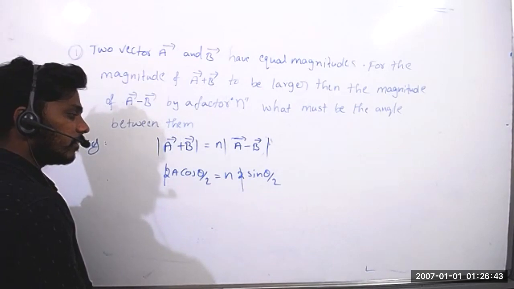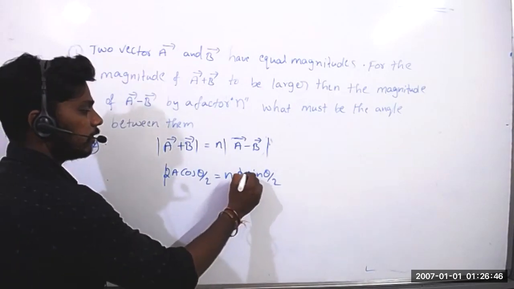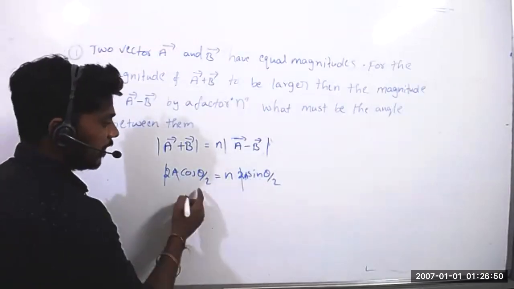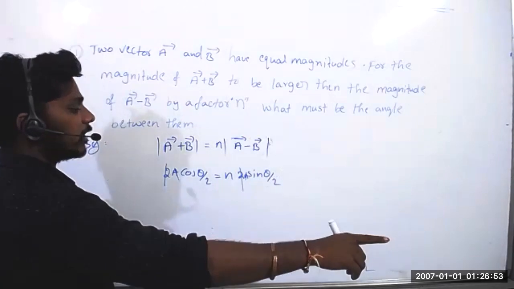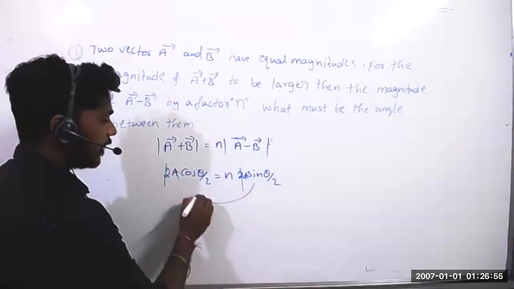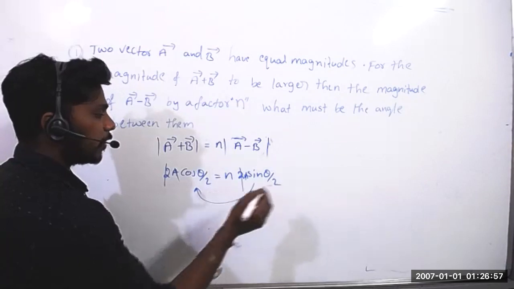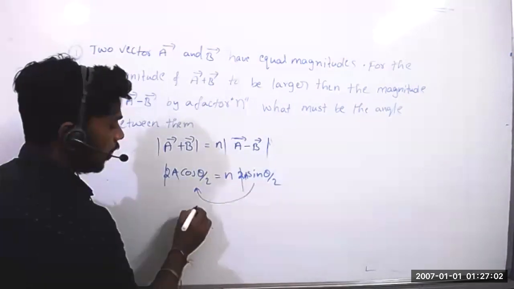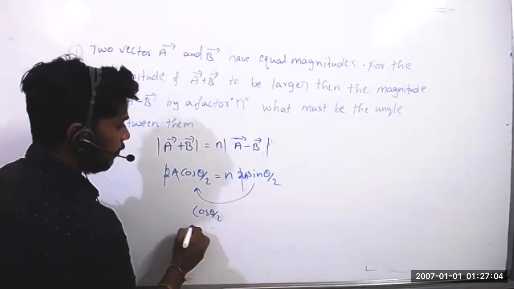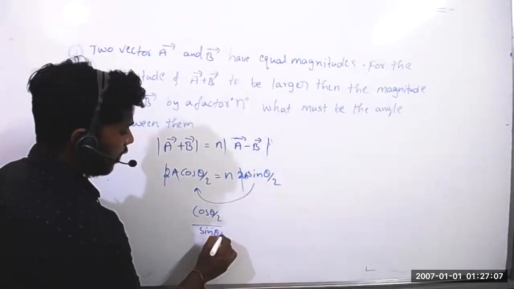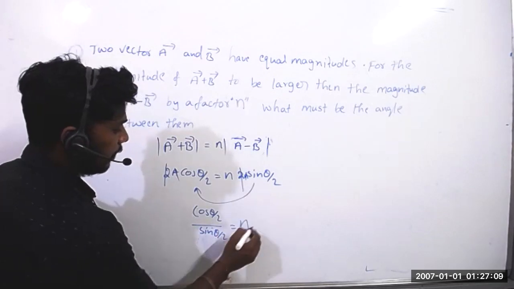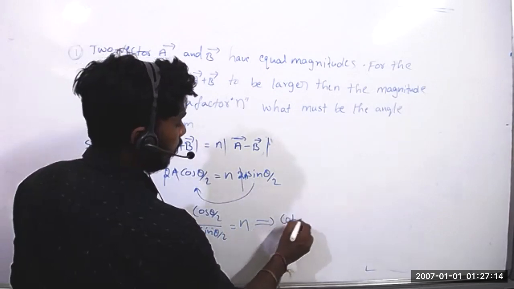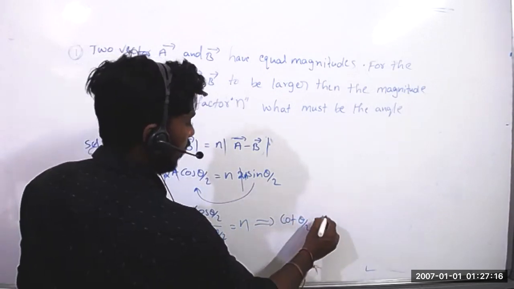So is the answer cot theta by 2? Yeah, you can. Cot theta by 2, that is also correct. I don't say it is wrong. So if I take like this, cos theta by 2 divided by sin theta by 2 equal to n. That means you will get cot theta by 2 equal to n, right?